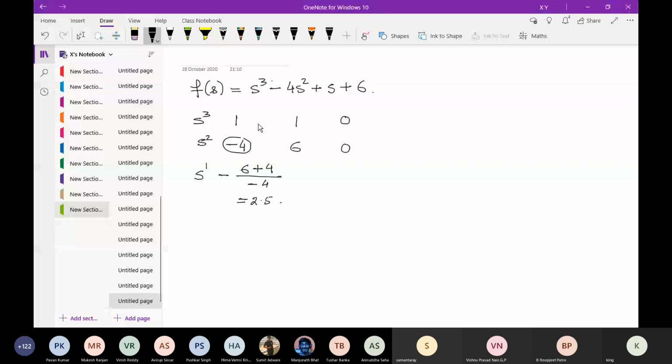So the cross multiplication goes this way, divided by the first column of the lower row. So I'll get, which will obviously be coming out as equal to 0.